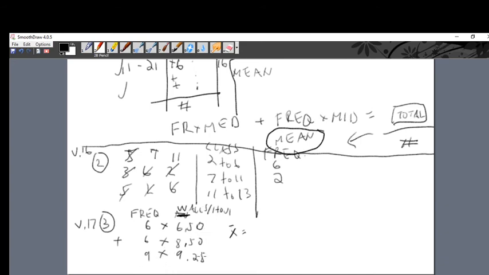Multiply them all up, add that all, and then you get a certain number. You get the total here, and then you divide by what? Adding up all the frequencies. You divide by adding up all the frequencies, which is 15 and 6, which is 21. So don't forget how to deal with something like that when you're getting the frequency and then the data item. You multiply them. It's video 17 stuff.